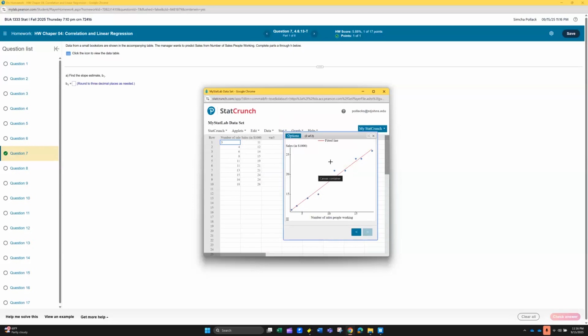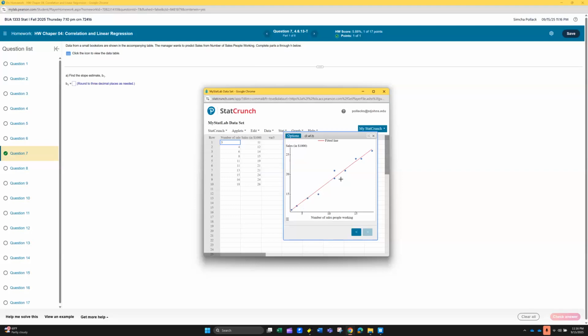But in this book, they call it, for various reasons, as I explained in the other videos, y hat, which means the predicted y, or the predicted sales, equals B0, which is the intercept, plus B1, which is the slope, times X.